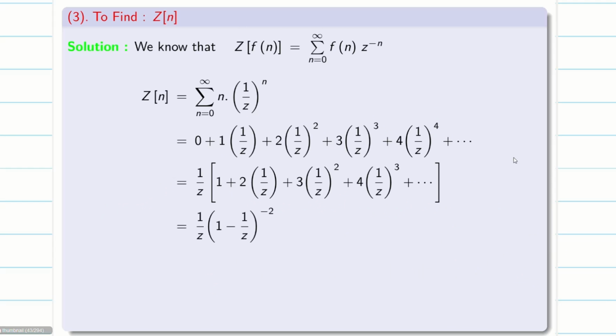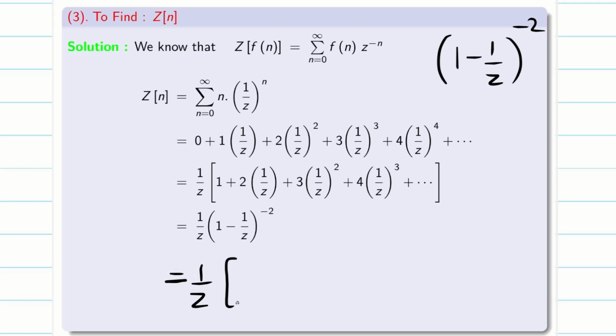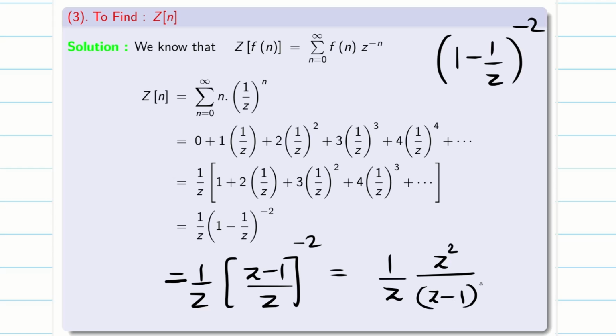If I apply this formula, I'll be getting 1 minus 1 by z whole power minus 2. So already 1 by z is there. If you take LCM, z minus 1 by z whole power minus 2. So 1 by z, if I take the reciprocal and square it, it will become z square divided by z minus 1 whole square. So it is going to be z by z minus 1 whole square.